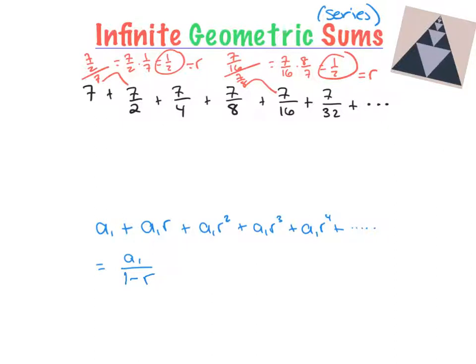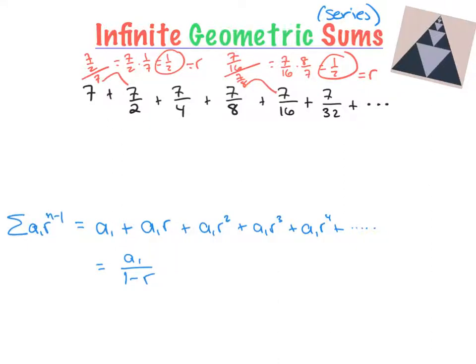Okay, one other thing I want to point out is there is a way to write this in summation notation, and it's important to get used to that. So here's how we would write this with a sigma. Sigma means sum or add, and we're adding up all of our terms, A1 R to the n minus 1.